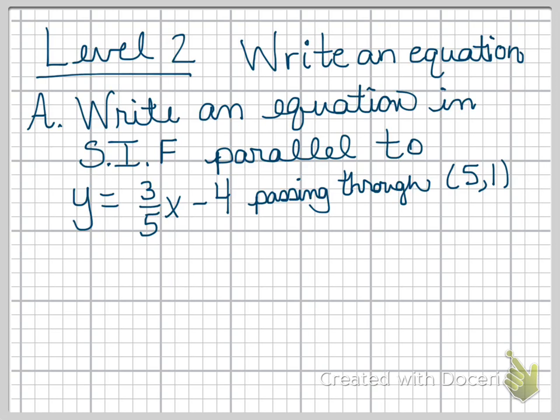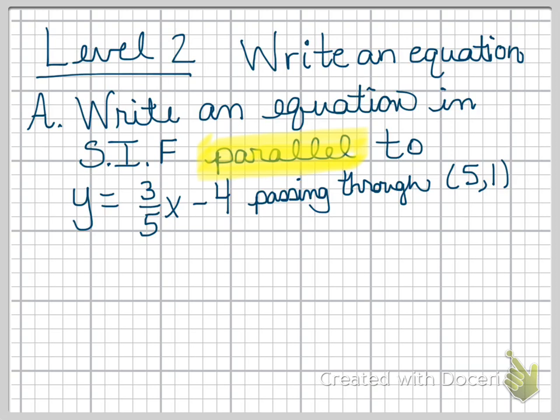So the first thing we want to think about is, what is it wanting us to do? When we think about wanting to write something parallel, let's highlight those words so we remember what we want to do. So we're going to highlight the word parallel. It wants us to find something that's parallel. And we've got to think, what does that mean? That means that they have to have the exact same slopes.